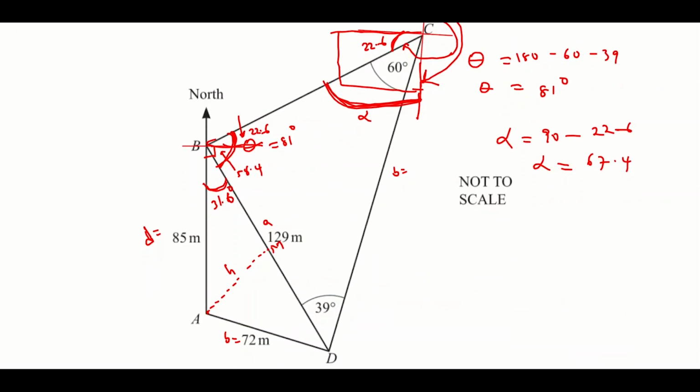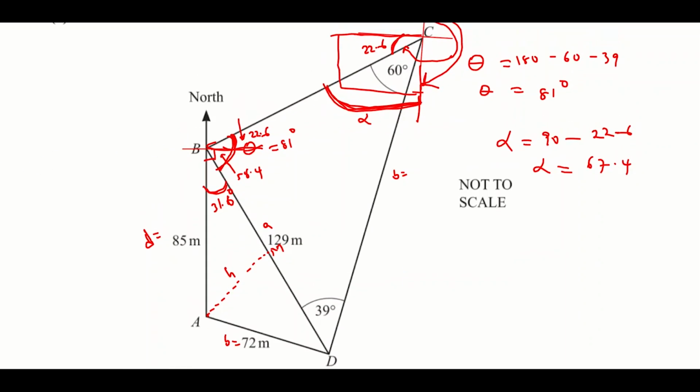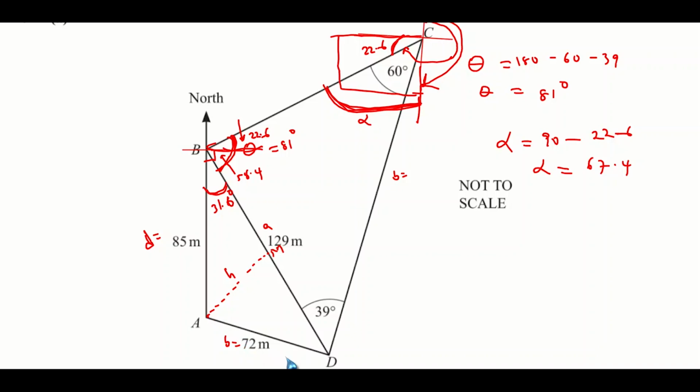The area covered by the field will be the area of triangle ADB plus the area of triangle BDC.